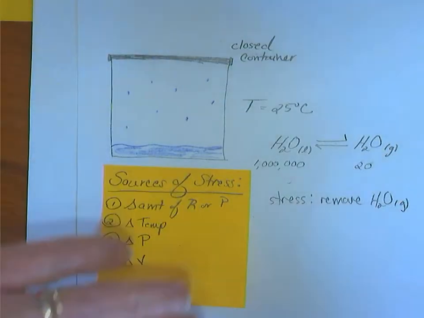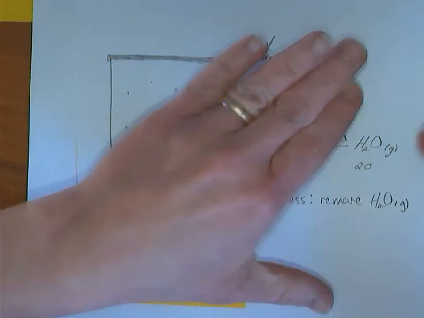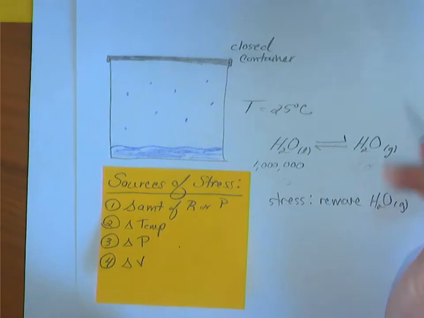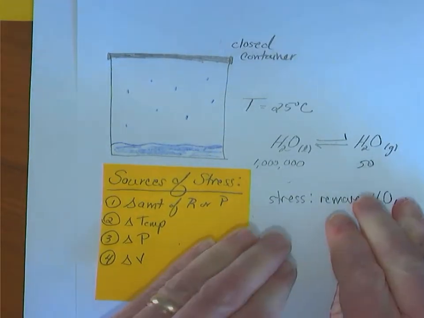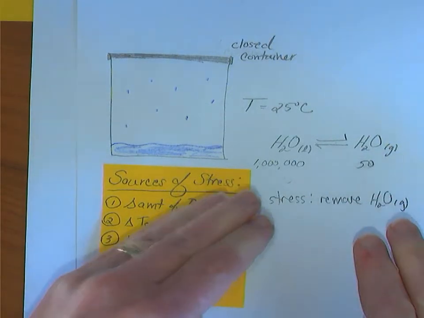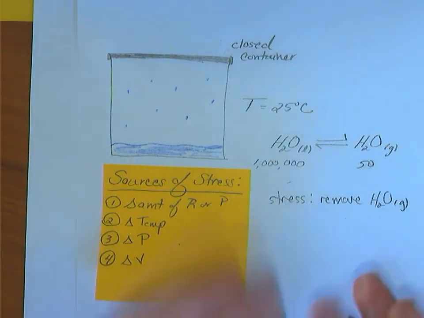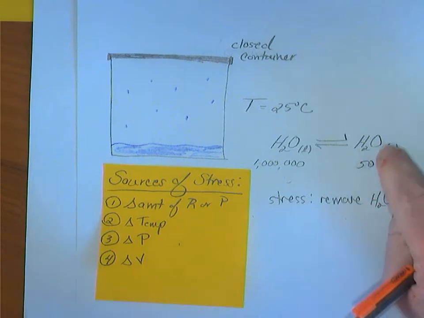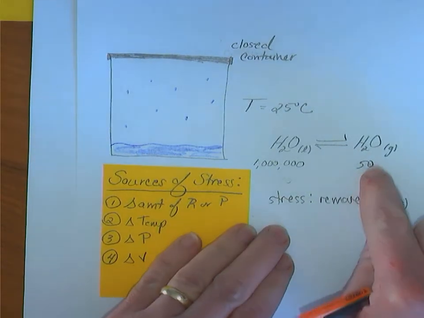And so what will happen? If this is our ratio, then the system is going to shift, come out of equilibrium for a moment to account for the stress. So the problem is we don't have enough product.